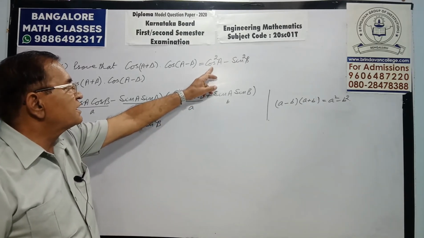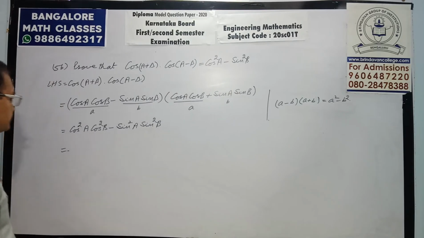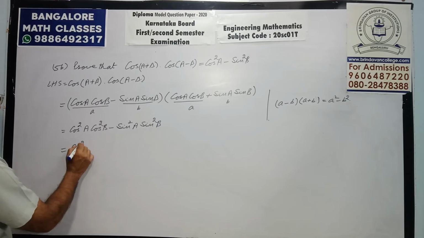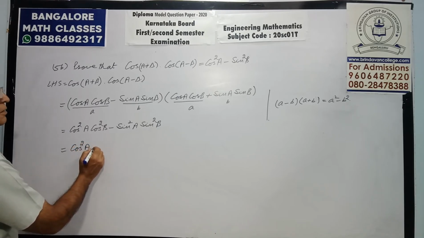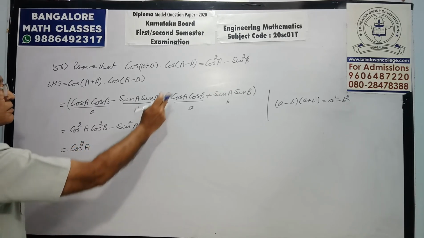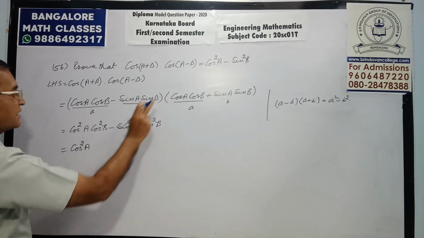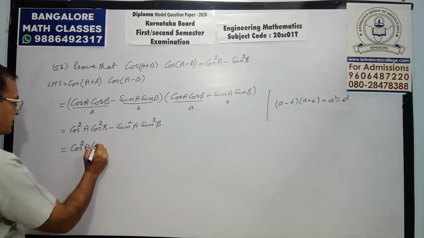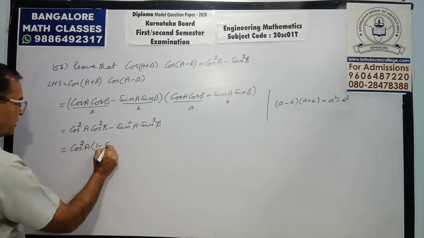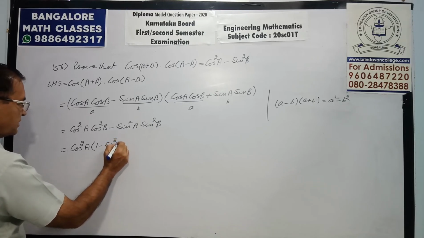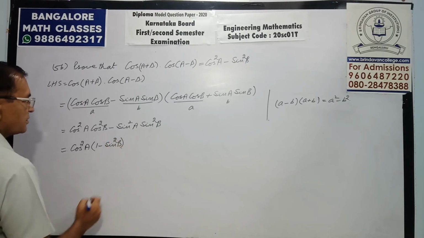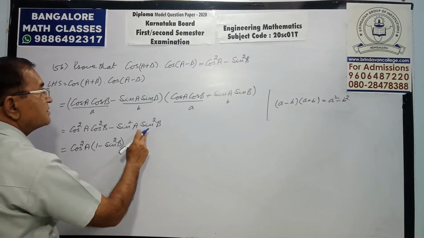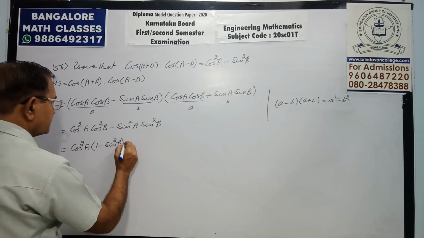Now see, cos square A is required, sin square A is not required. We need cos square A and sin square B, but we don't want cos square B. For cos square B, put 1 minus sin square B. Then sin square B we need, sin square A we don't want.